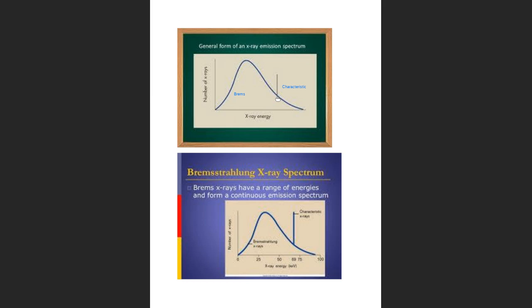So we'll talk about the emission spectrum itself. The y-axis, the up and down, is the amplitude of this wave. The quantity is the number of X-rays that fall within this beam.